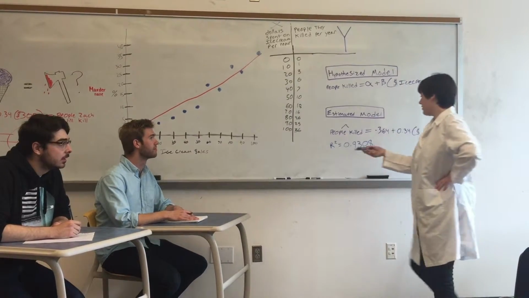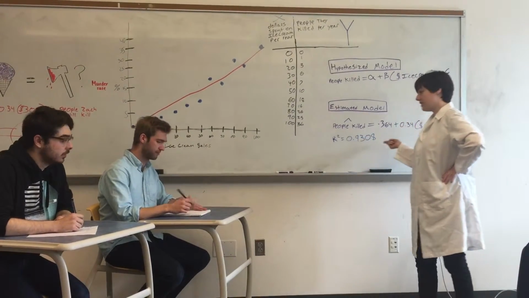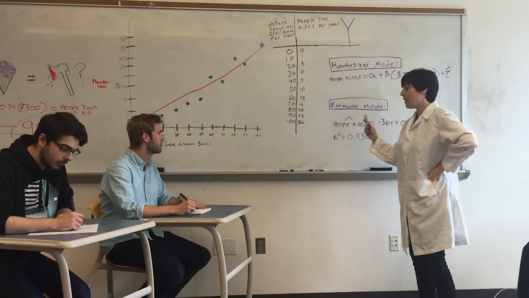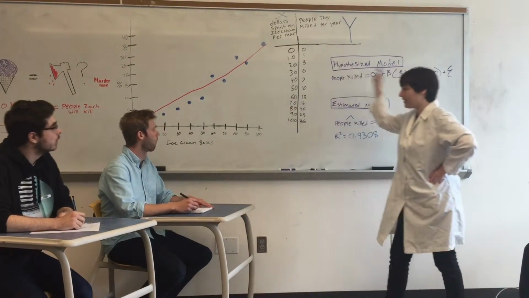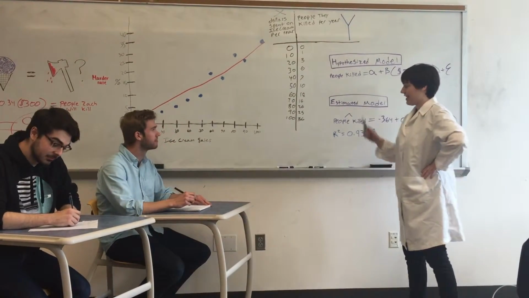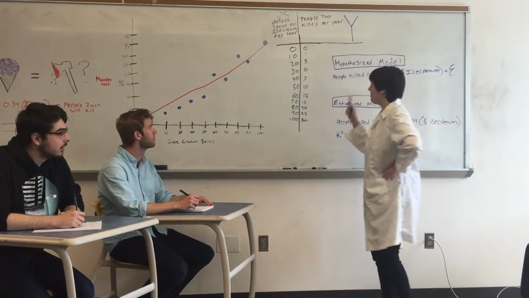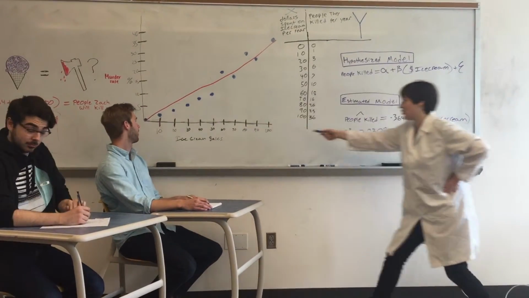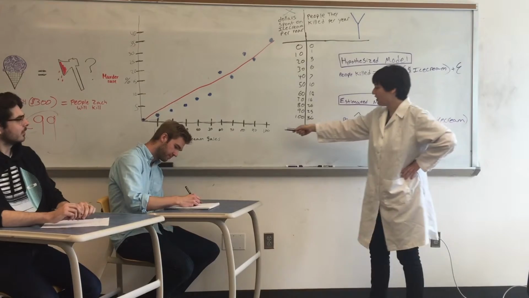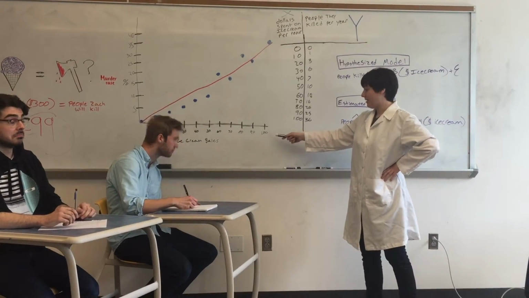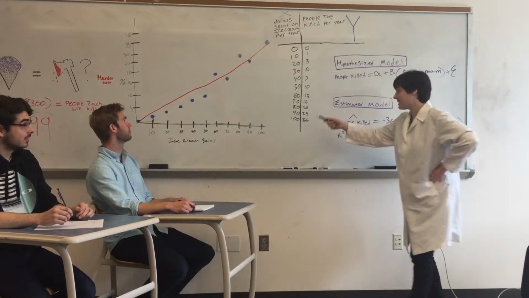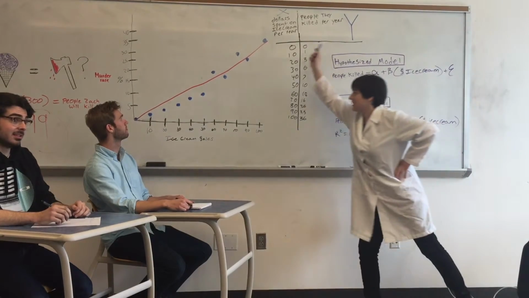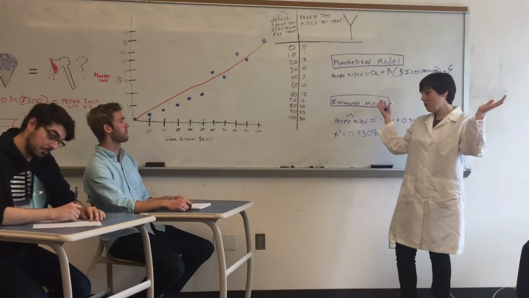All right, now, your R-squared value is reasonably close to 1, and that means you have a strong positive correlation. However, that does not mean that Zach's a murderer, because this is extrapolation. You only measured up to $100 in ice cream sales, but Zach spent $300. That's not included in this graph, so we don't know.